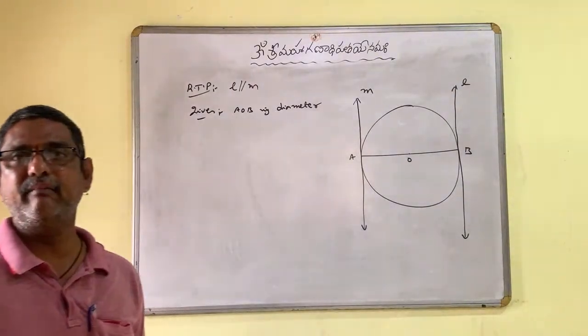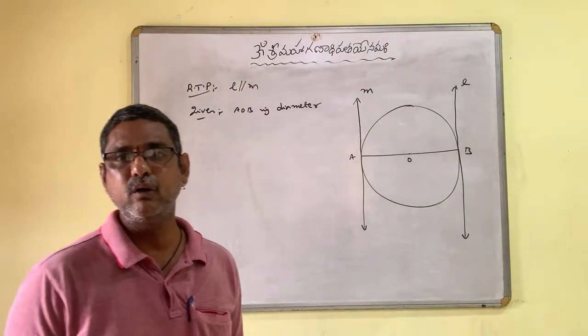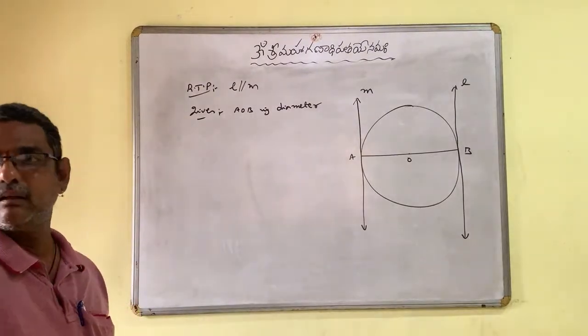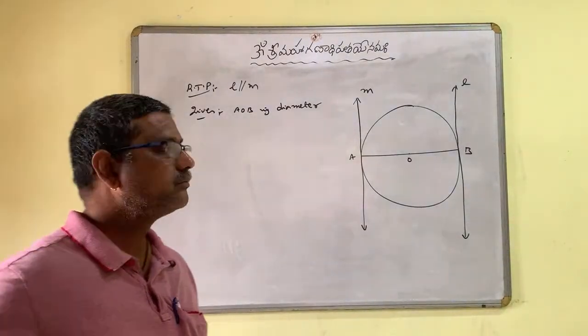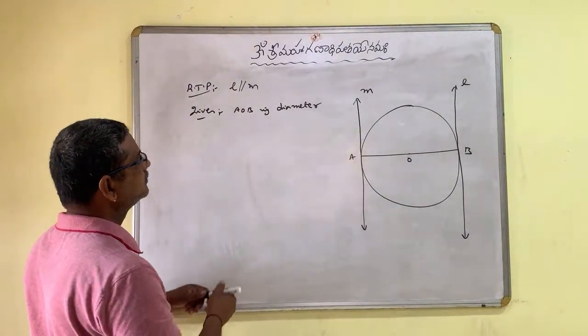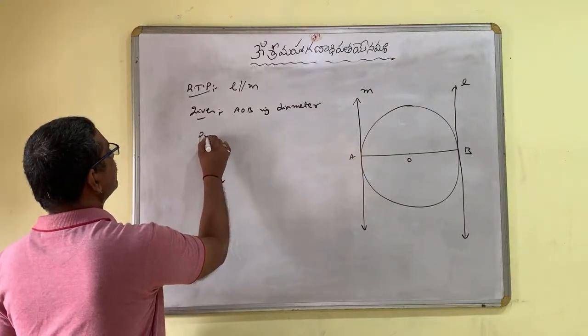AOB is the diameter, and we need to prove tangents drawn at the endpoints of the diameter are parallel to each other. Okay. Now, proof.